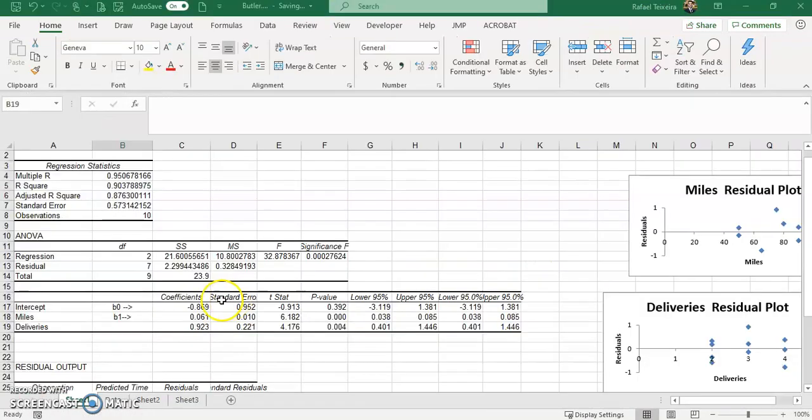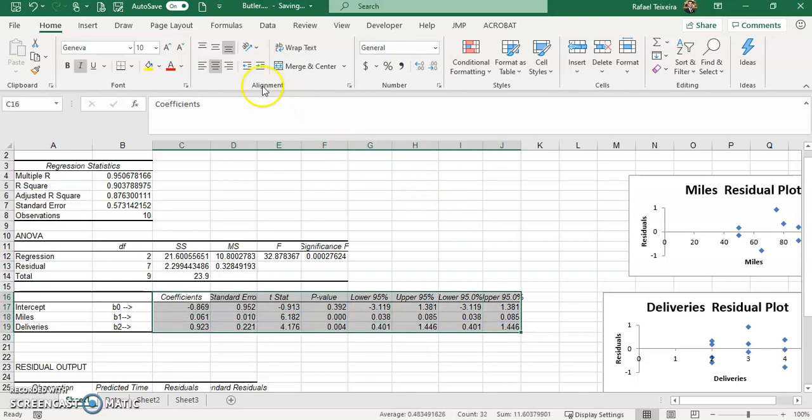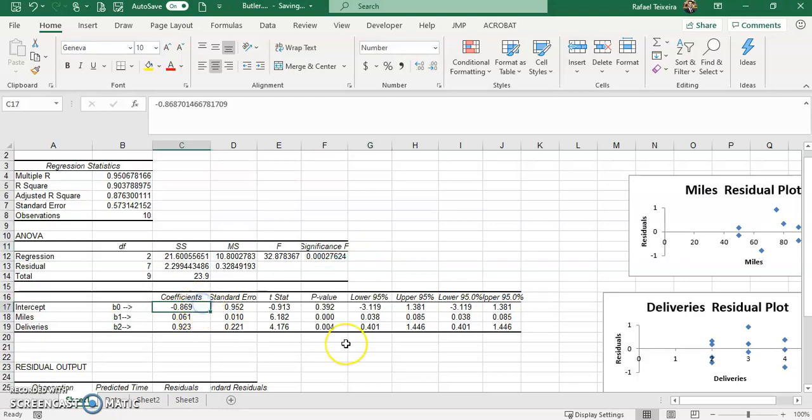So B2 is associated with deliveries. We know that these are the coefficients. Let me center these cells. I think that's easier to see. So these are the coefficients.